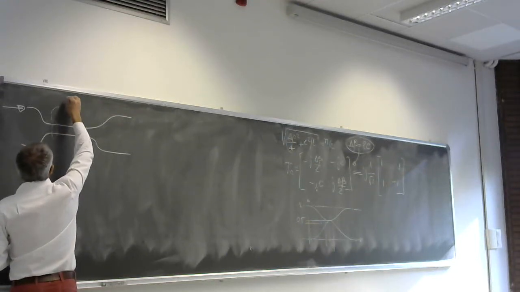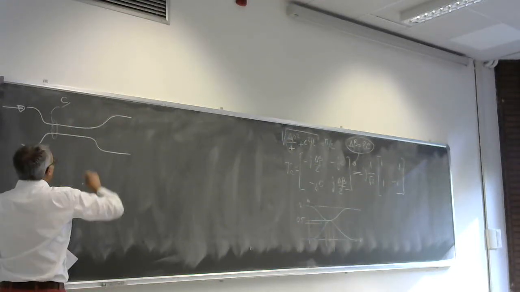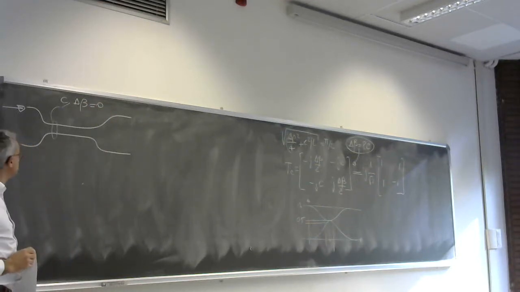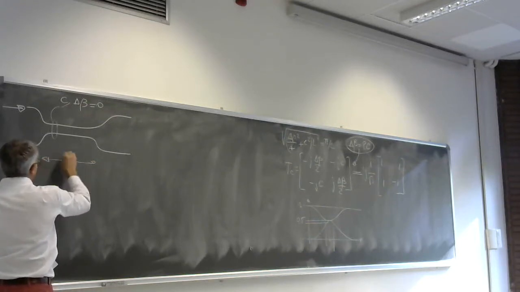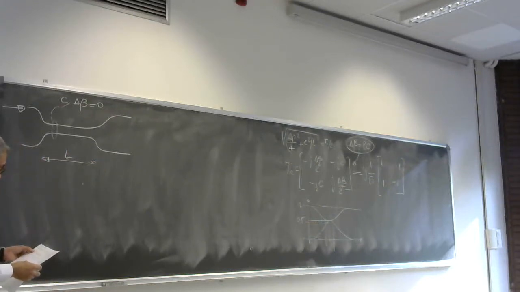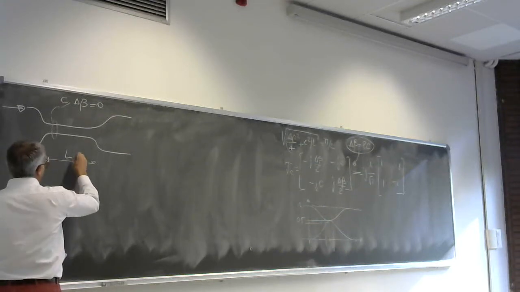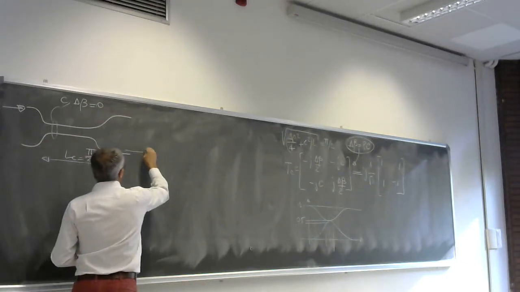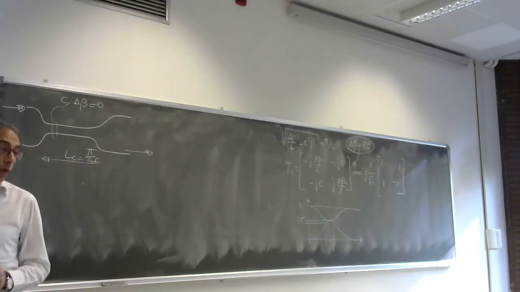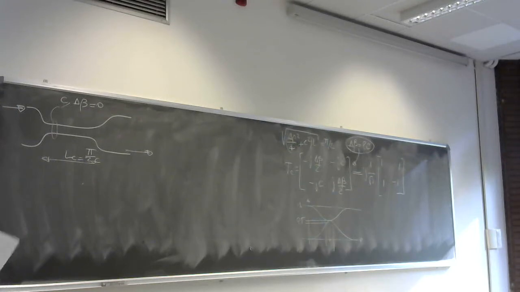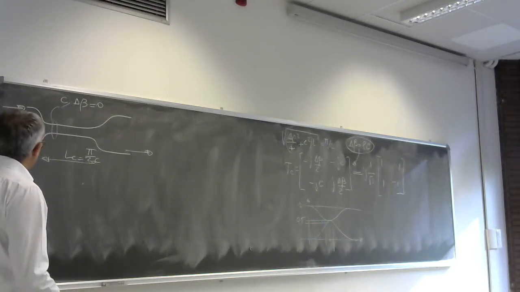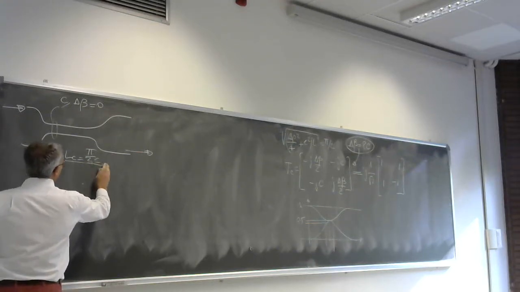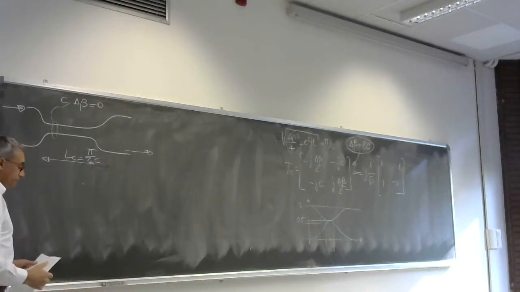We have the coupling coefficient C and the delta beta equal to 0. So the length of the coupler is LC equal to pi divided by 2C. So all the light comes out from this port. 100% coupling is a synchronous coupler, so nothing special.